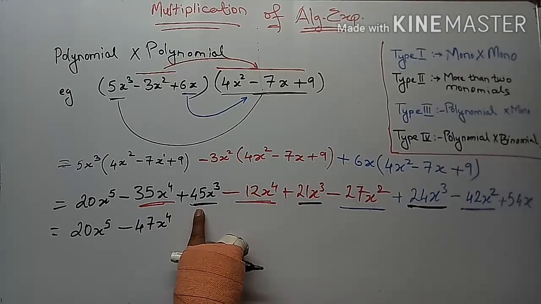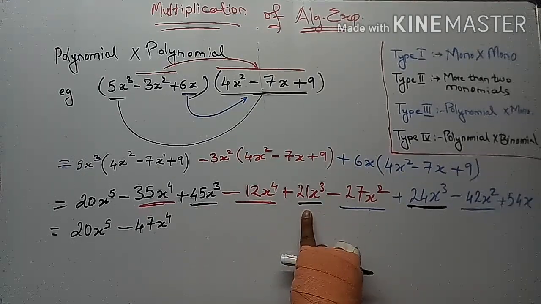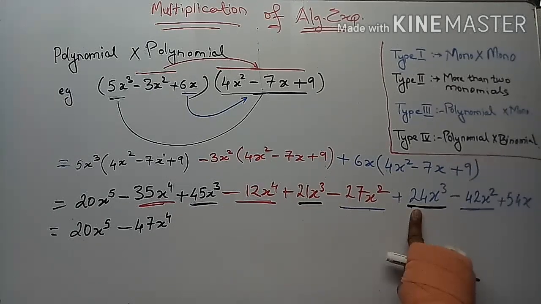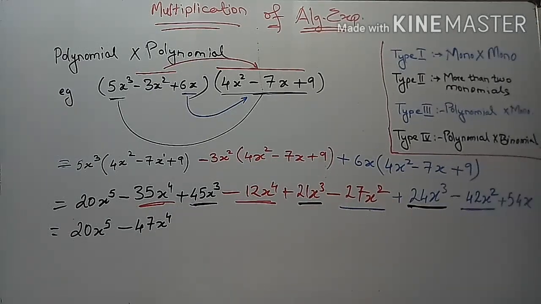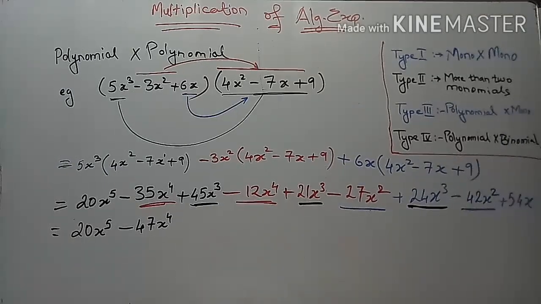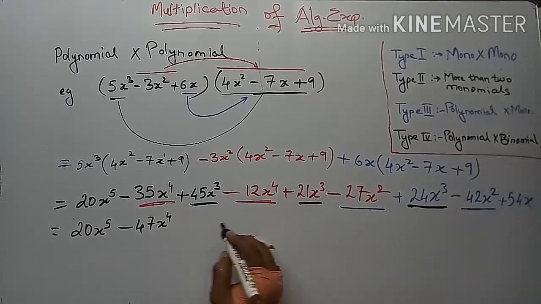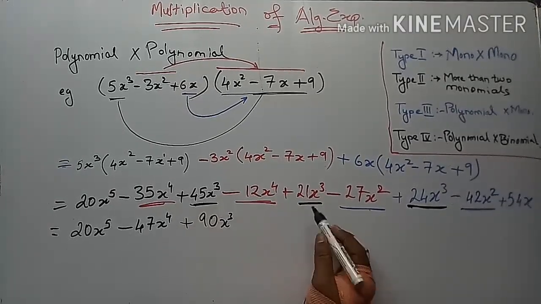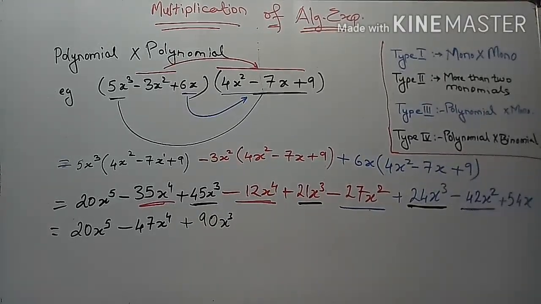Now we have 45 x cube, 21 x cube and 24 x cube, which gives me 90 x cube. All are positive, so they get added.